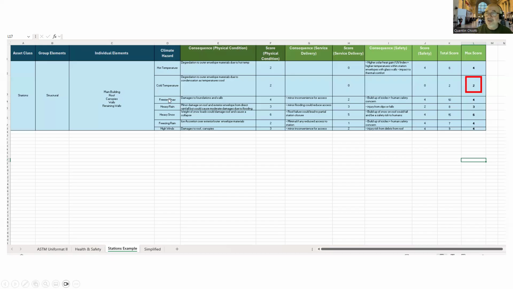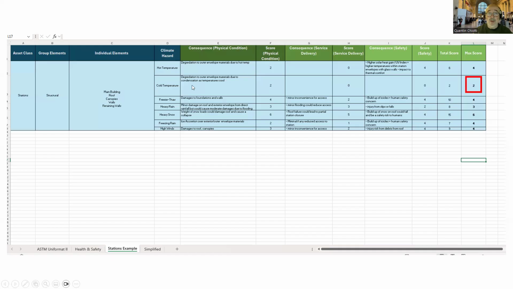Actually, I think freeze thaw is the one that we haven't used elsewhere, but I'll go back and check. We may want to add that to our list of hazards. And this gives you an example of what it actually translates to in simple language: the impact of hot temperatures on stations is degradation to the outer envelope materials due to hot temperature.